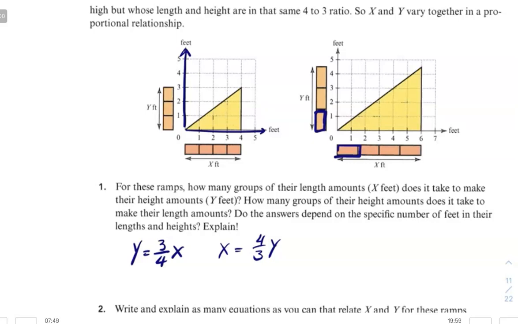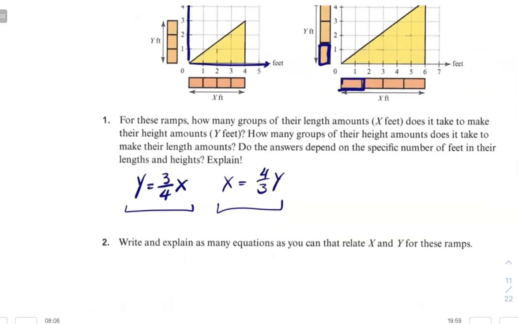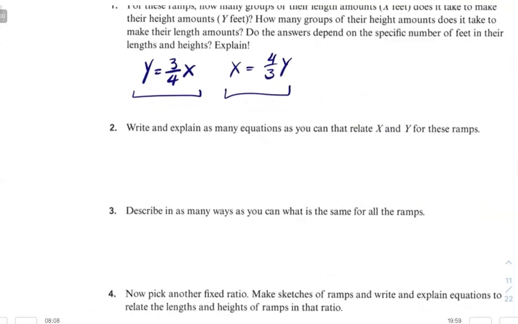What it depends on is the ratio. So whether we're looking at a small ramp, this and this would be equations to describe it, or an overall large ramp, as long as the ratios of the 2 variables stay constant, those equations will be the same. So write and explain as many equations as you can that relate x and y for these ramps.